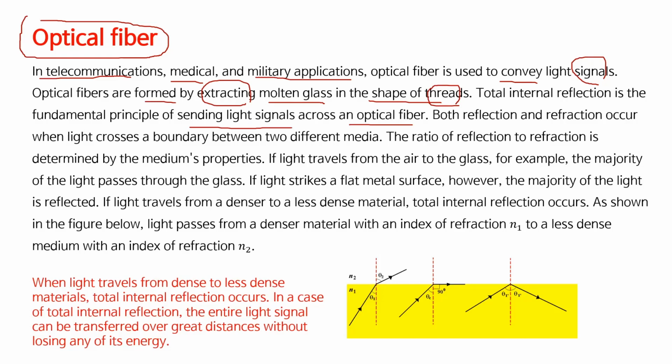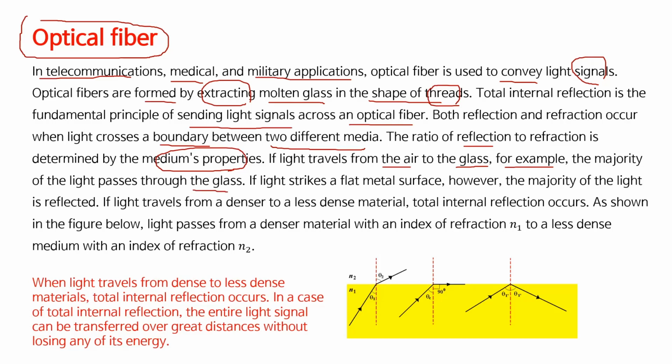Both reflection and refraction occur when light crosses a boundary between two different media. The ratio of reflection to refraction is determined by the medium's properties. If light travels from the air to the glass, for example, the majority of the light passes through the glass.